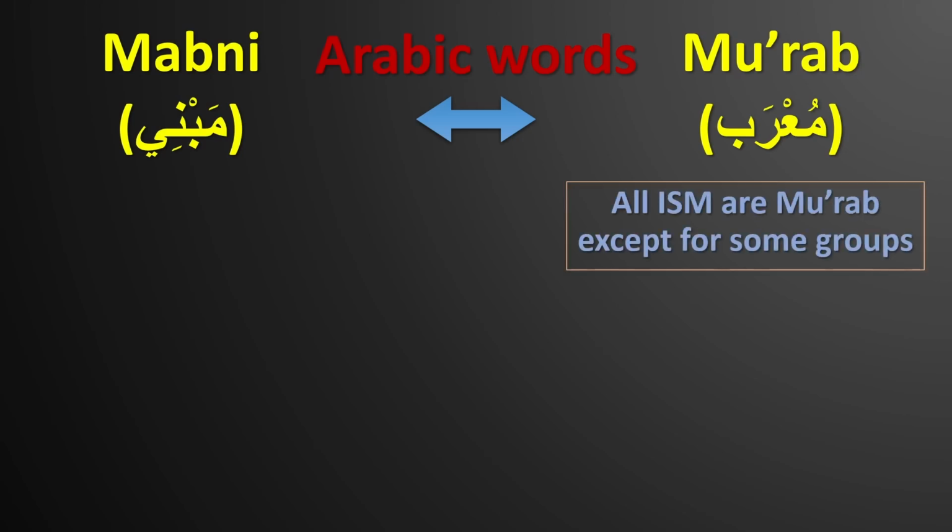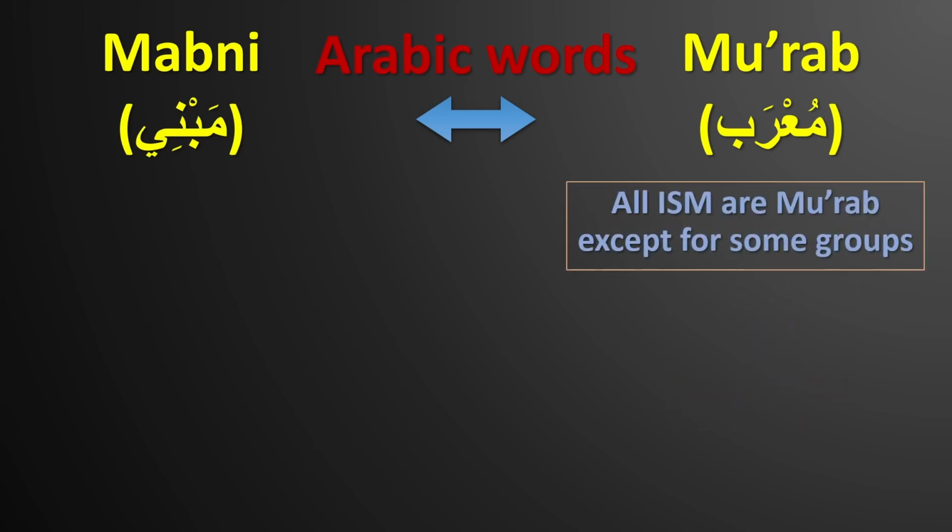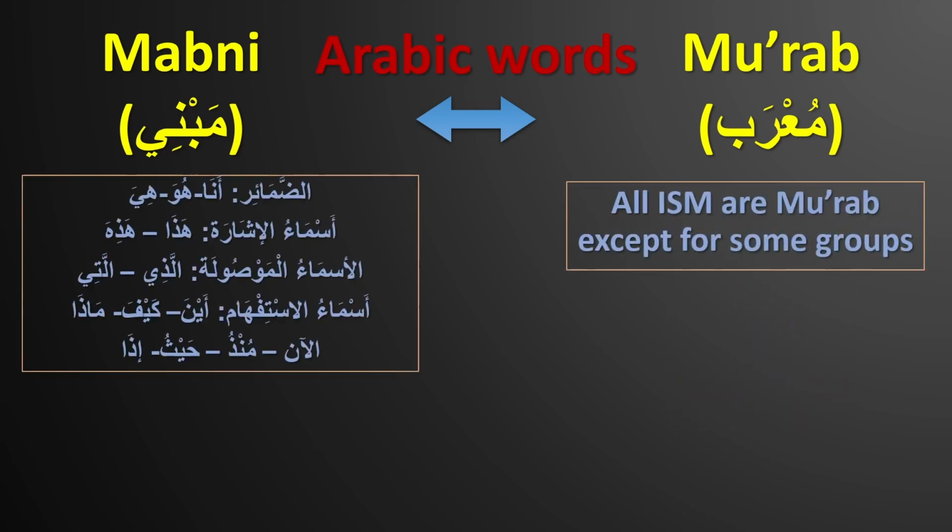So الولد معرب, محمد معرب, الحقيبة معرب, البحر معرب, except for some groups that are مبني like الضمائر أنا وهو وهي، أسماء الإشارة هذا وهذه، الأسماء الموصولة الذي والتي، أسماء الاستفهام أين وكيف وماذا. Some adverbs that show place and time الآن منذ حيث. Some condition words like إذا that means if. All these groups are مبني.